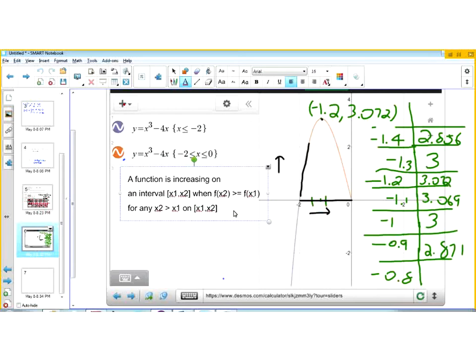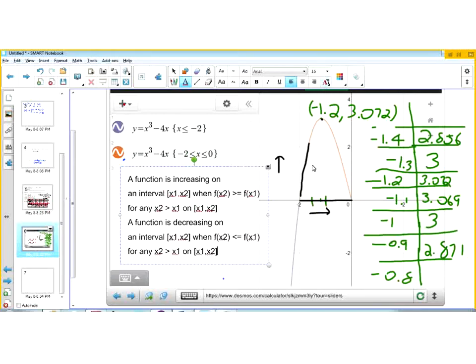All right, now, likewise, we can describe what a decreasing function is on an interval. Okay, so a function is decreasing on an interval x1 to x2 when f of x2 is less than or equal to f of x1 for any x2 greater than x1 on the closed interval x1 to x2.